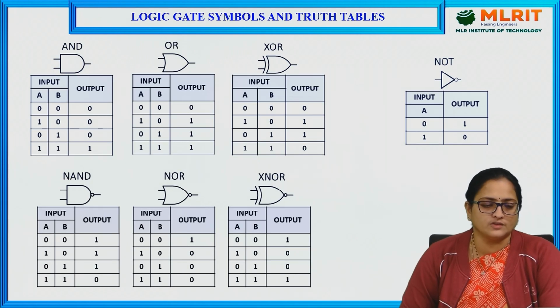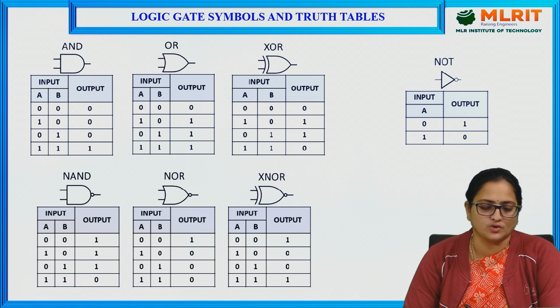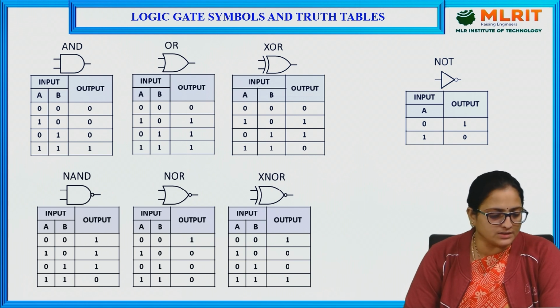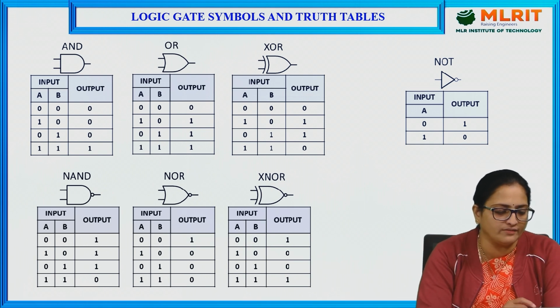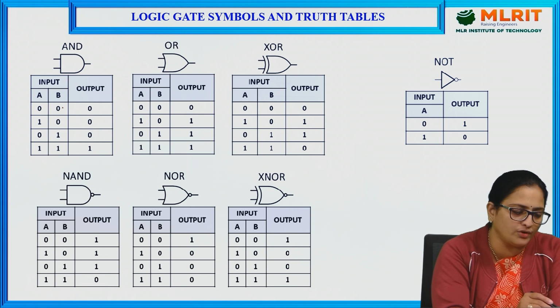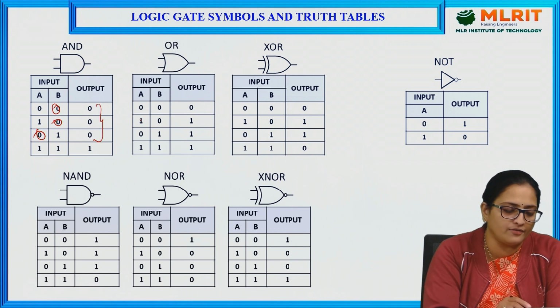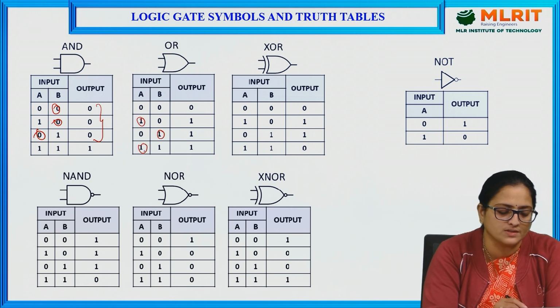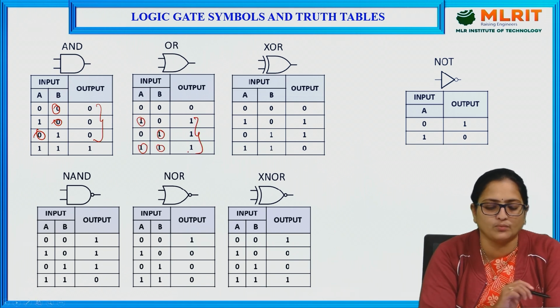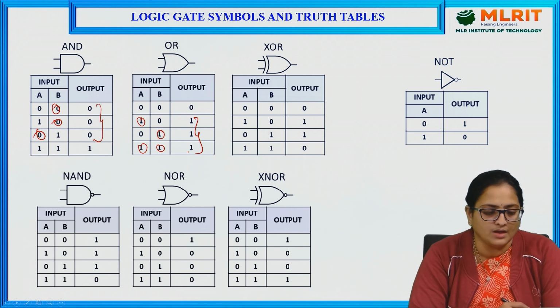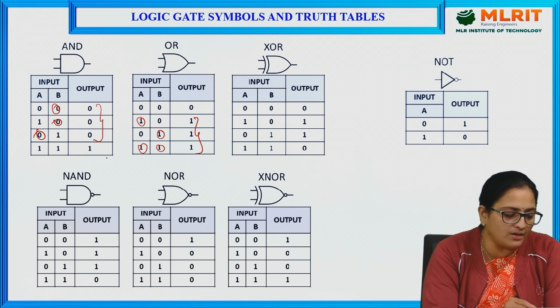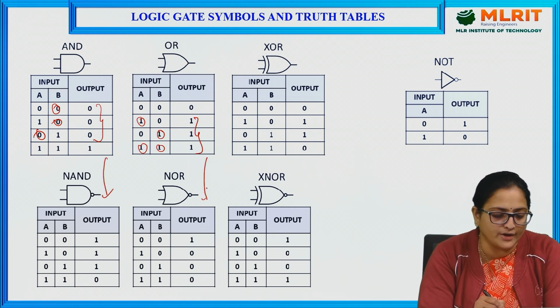Next, these are the logic gates and truth tables. I think just now we have discussed the AND gate. See, if any one of the inputs is 0, obviously your output will be 0. And for OR gate, if any one of the inputs is 1, obviously your output will be 1. And the exact replica will be applicable for NAND and NOR.